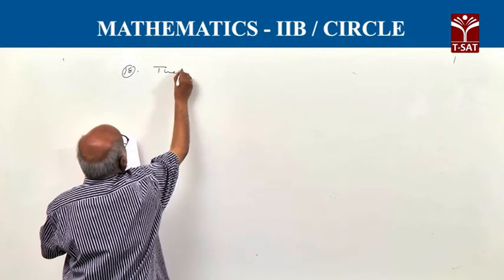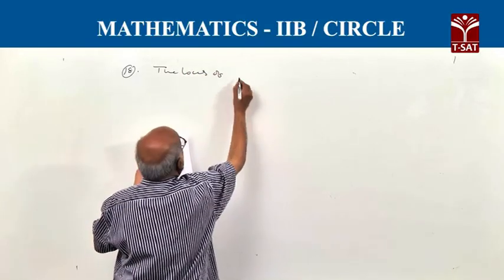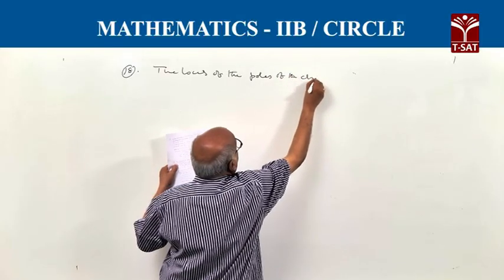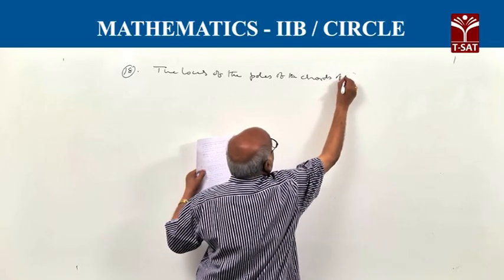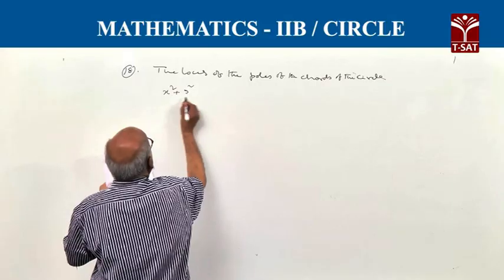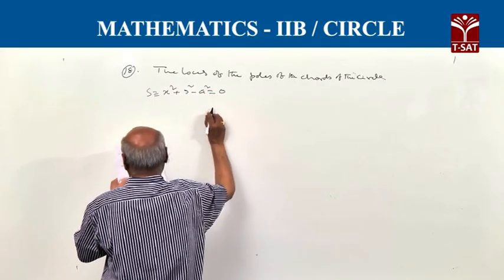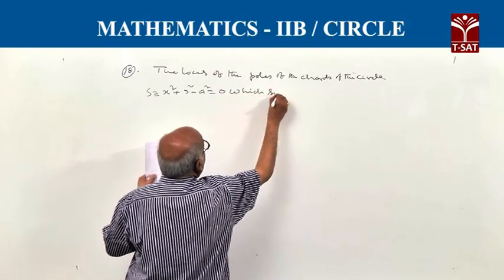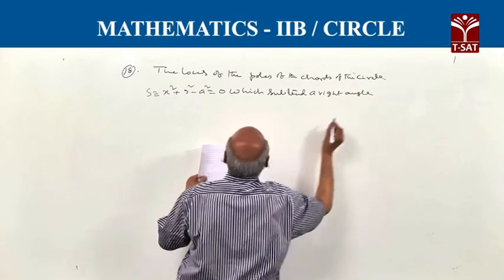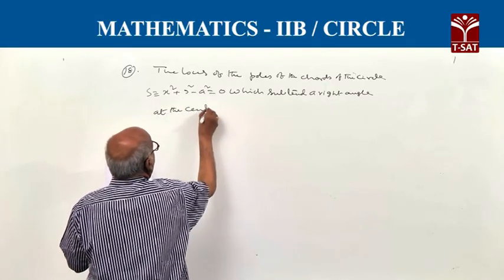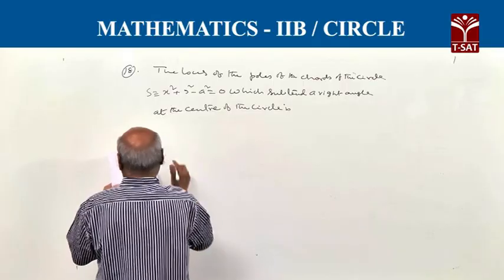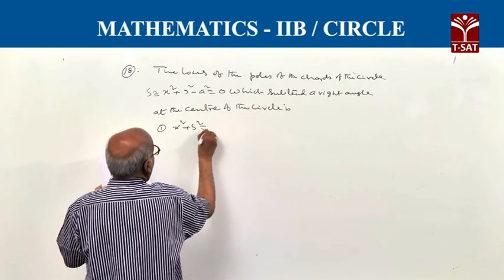The locus of the poles of the chords of the circle S = x² + y² − a² = 0 which subtend a right angle at the center of the circle is: number 1, x² + y² = a².